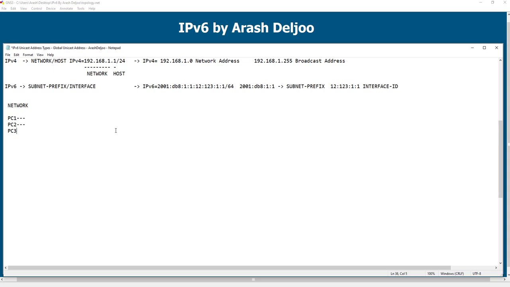All of them are connected to the switch, for example with ports FastEthernet 0/1, 0/2, and 0/3. After that, the switch is connected with FastEthernet 0/4 or GE 0/1 to the router's GigabitEthernet 0/0 interface.